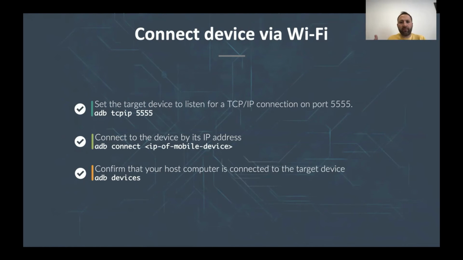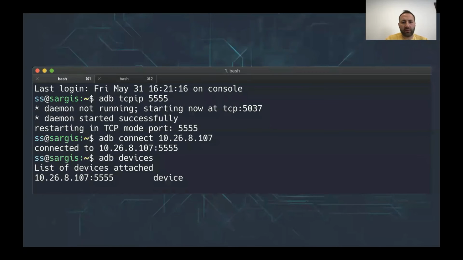We check the IP of the device from the network settings, and we run adb connect with the IP. Then when you run adb devices, you will see your phone connected to your computer.